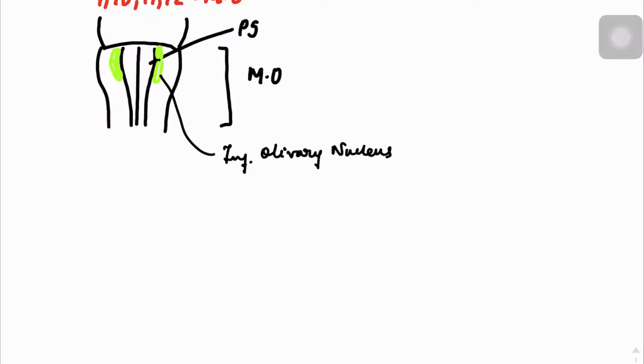After that you get one more sulcus which will separate my inferior olivary nucleus from another swelling. This swelling is called the inferior cerebellar peduncle. So I just write down the full name: inferior cerebellar peduncle.